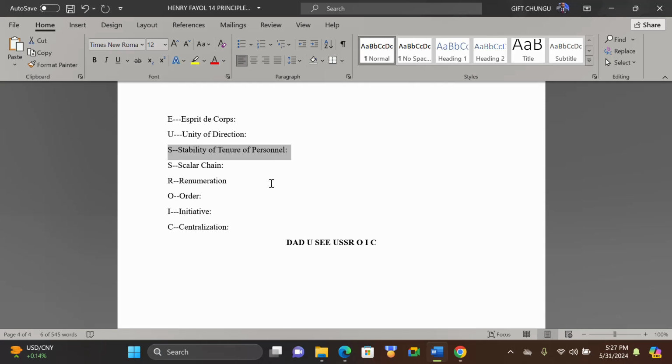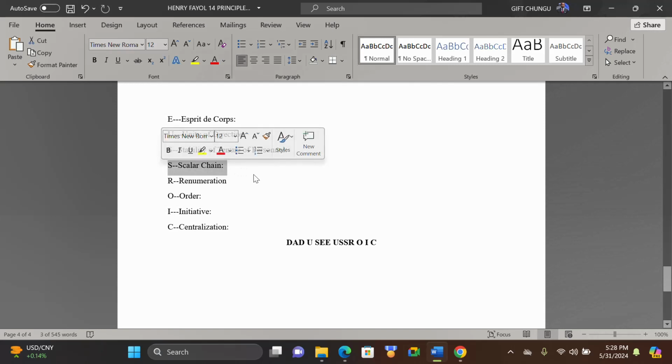Not premature termination of a job for someone. No, you should make sure that there is that stability of tenure. They should stay for the period of time that has been agreed upon or stipulated. And then we also have scalar chain.